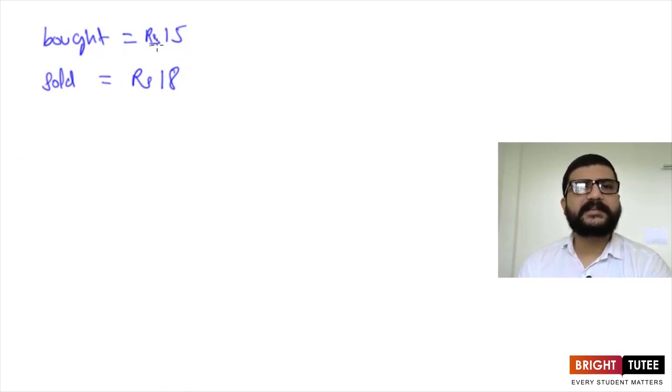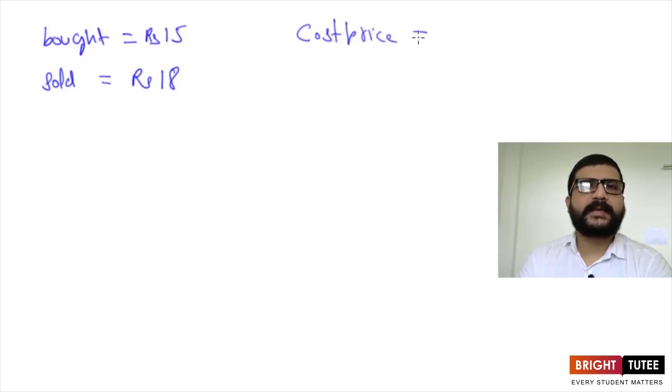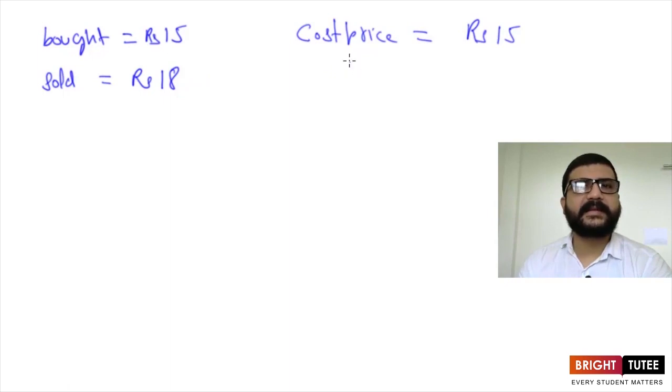Now the price at which we are buying the item is known as cost price. So this is cost price. Cost price here is equal to rupees 15. The buying price is basically cost price and the price at which we are selling it is known as selling price.